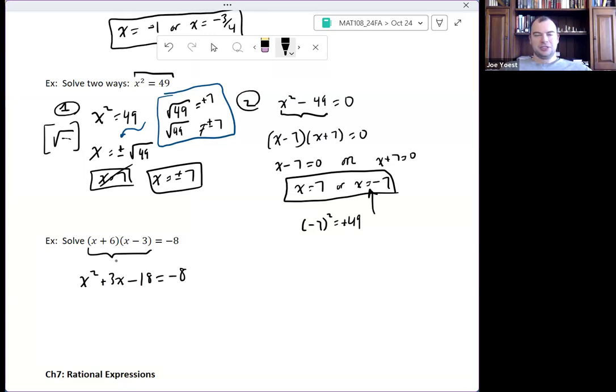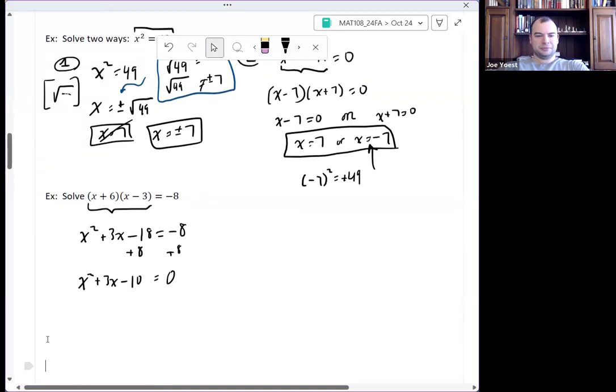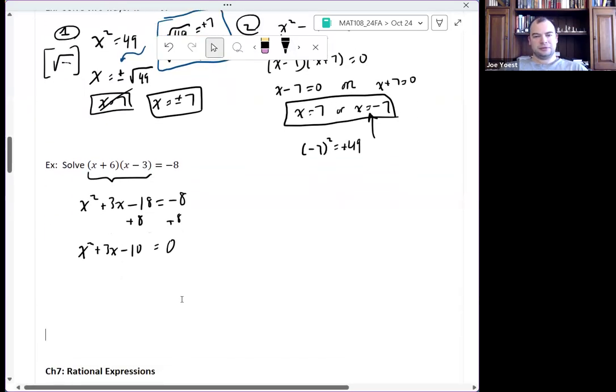And now I want to set myself up to use the zero product property. I have to add 8 to both sides. Minus 18 plus 8 is minus 10. And now I have a 0 on the right-hand side. And now I want to factor again, but note that the factorization isn't going to look exactly the same as up here.